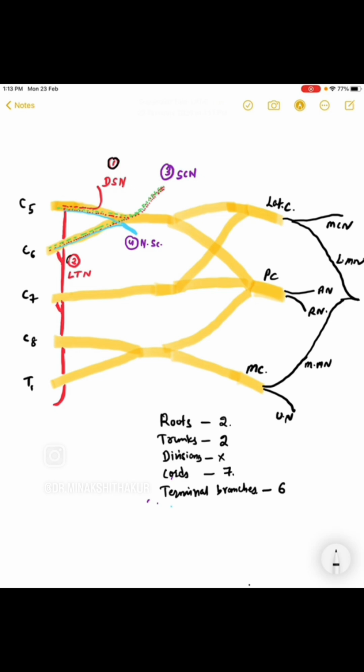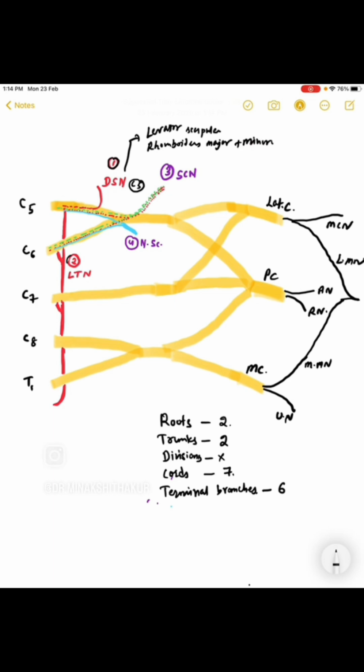The dorsal scapular nerve has only motor fibers, arising from the C5 root, with a root value of C5, and it supplies the levator scapulae and the rhomboideus minor and major muscles.